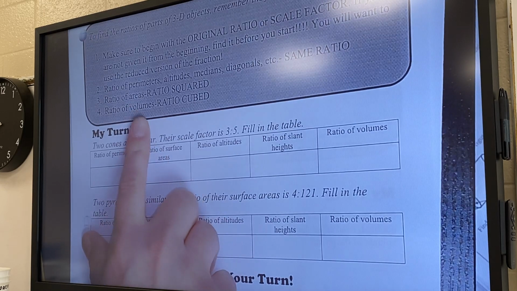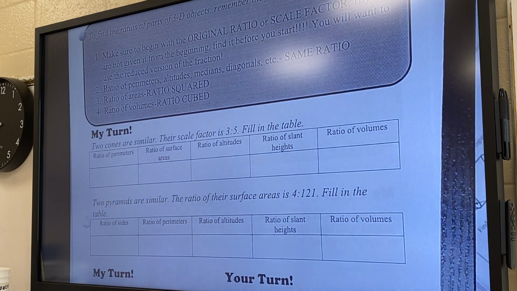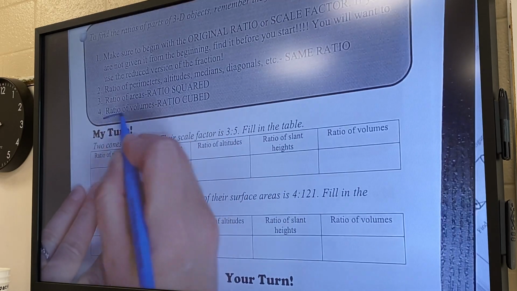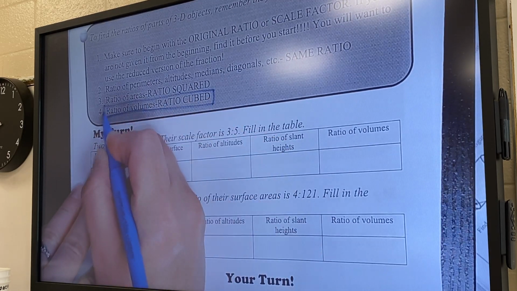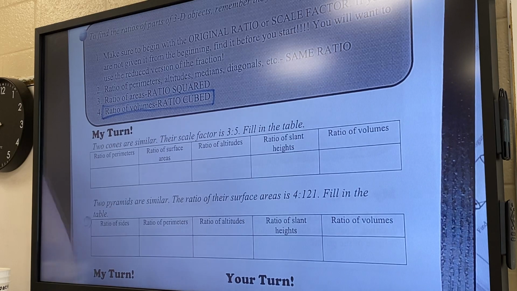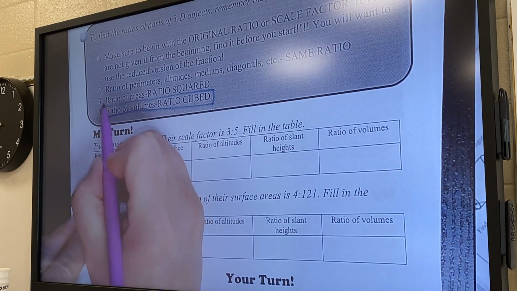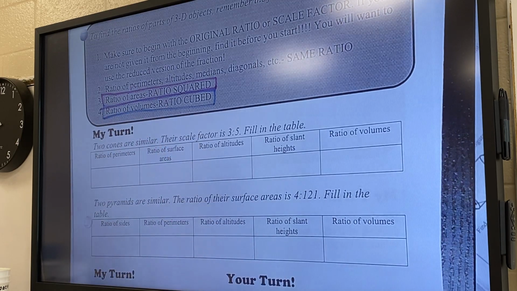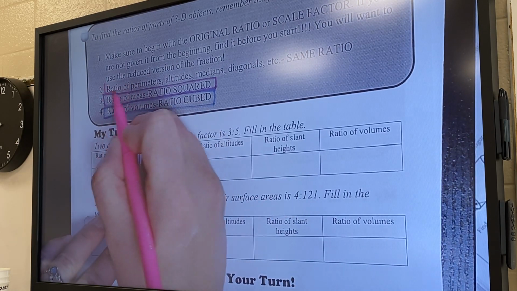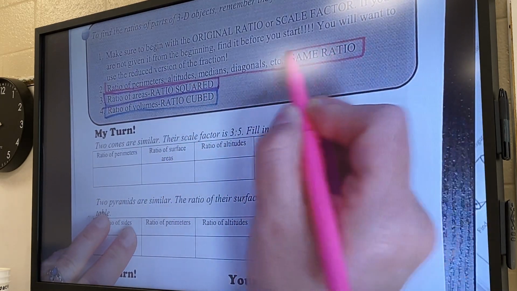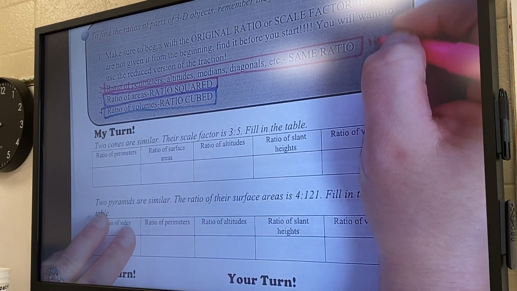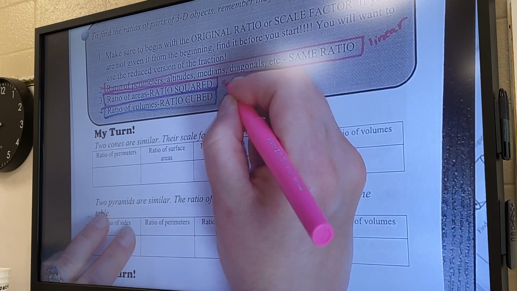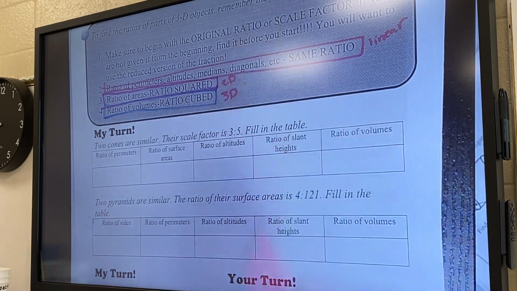And ratios of volumes have to be cubed because they are cubic or three-dimensional units. So you just need to know that the ratio of volumes is cubed. The ratio of areas is squared, again, because that's square units. And all this other stuff is just linear units. Linear. This is 2D and this is 3D.